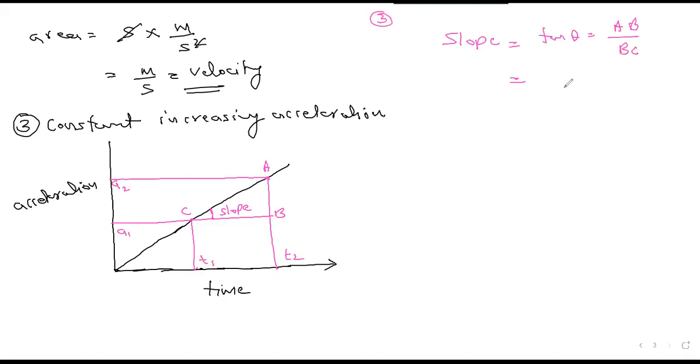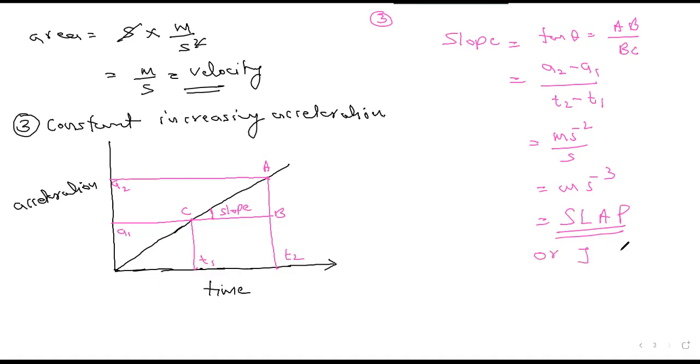AB is A2 minus A1, BC is T2 minus T1. If you write down the unit, meter per second square upon second, this will be meter second power minus 3. My dear, this is a new term which is taken as jerk, the rate of change of acceleration.